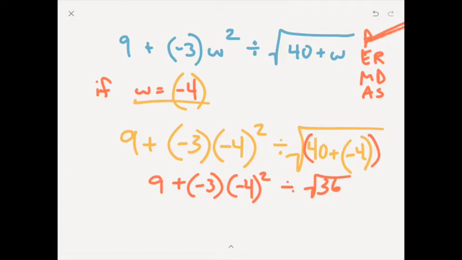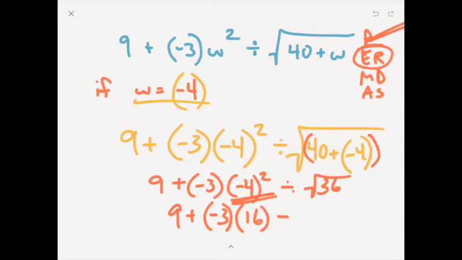I've done my parentheses. I'm going to do my exponents and roots now. Well, -4 to the second power, we did that on the last problem. That's -4 times -4, or 16. So let's start rewriting. 9 plus -3 times 16 divided by the square root of 36.